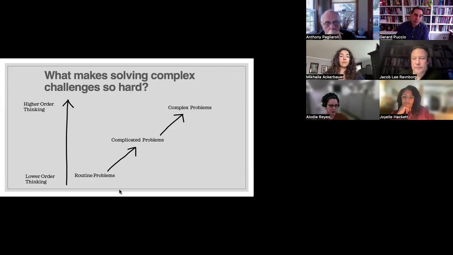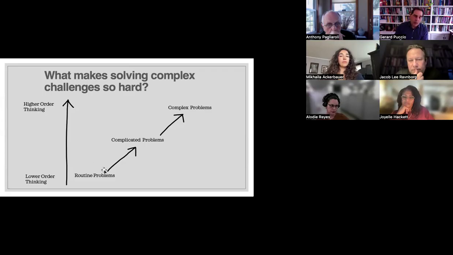So routine problems demand lower order thinking skills. Why is that? Because routine problems are problems that have known solution pathways and known outcomes. So we don't have to engage in higher order thinking.